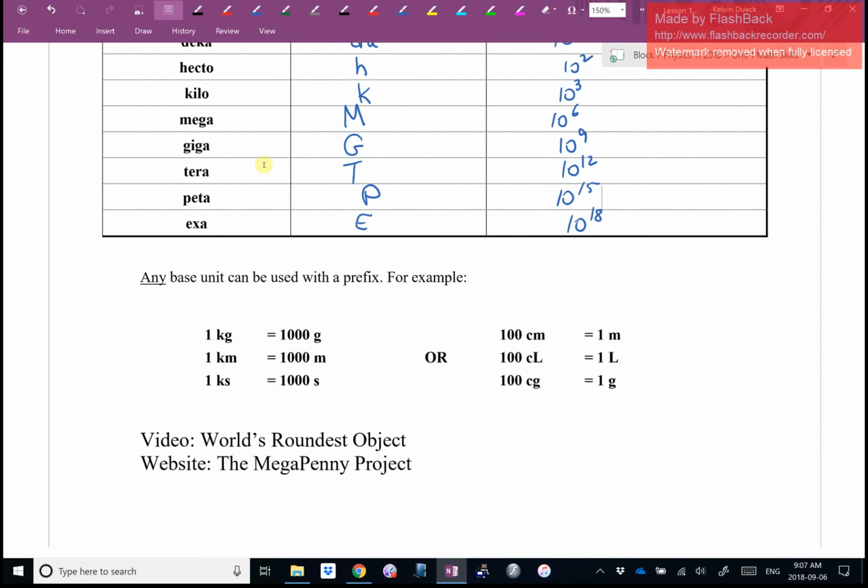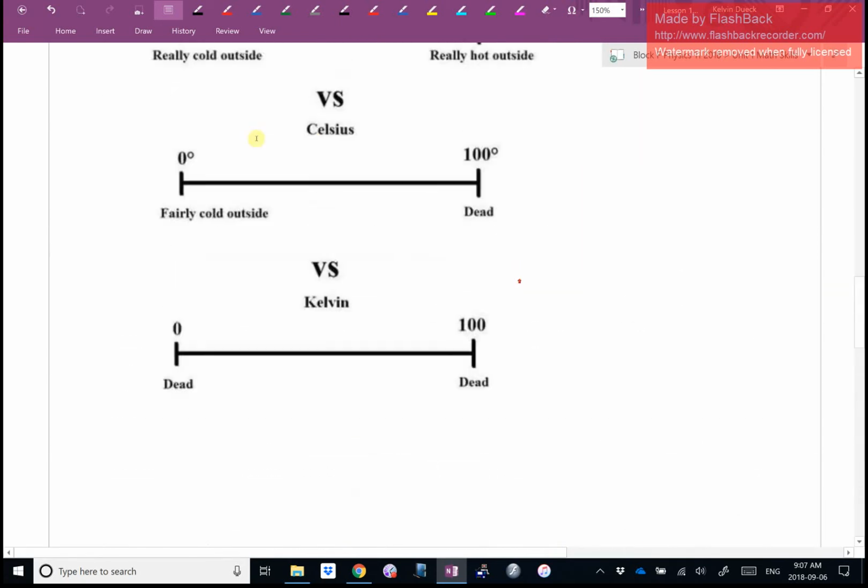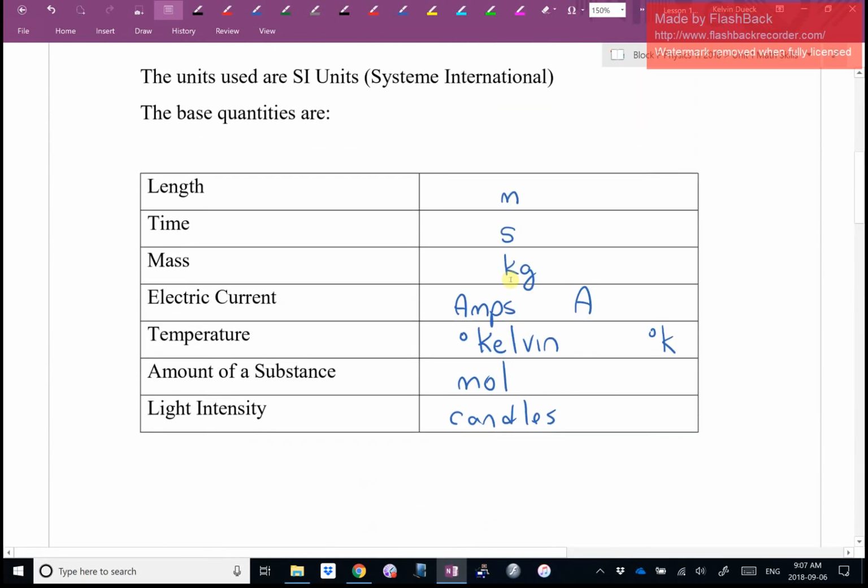If you go back to these 7 units that I gave you. You don't need to turn back. You may notice that one of these is different from all of the others because it uses more than one letter. This one here. This is the only one.